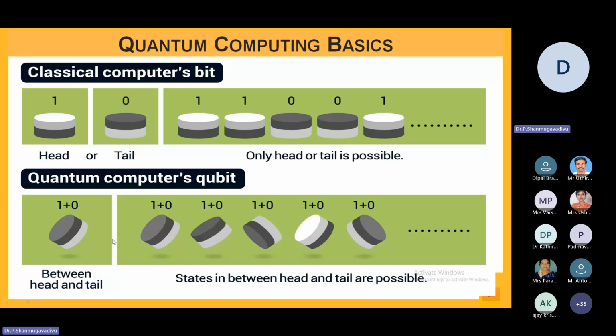It is between head and tail. So this is called 1 plus 0, because this part represents 0 and this part represents 1. You are going to have multiple orientations of this qubit, 1 plus 0, 1 plus 0, like this. You can go for any number of combinations. So states in between head and tail are possible in quantum computing.